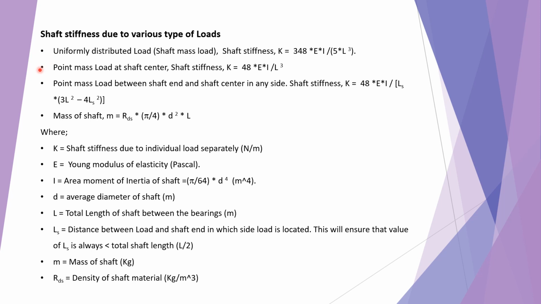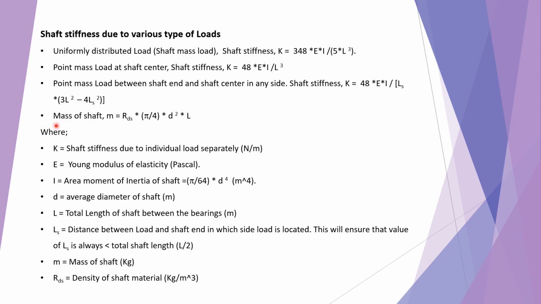Similarly, if the point load is at the shaft center, then shaft stiffness is 48 EI upon L cube. And if the point mass load is between the shaft end and shaft center on any side, then shaft stiffness K is equal to 48 EI upon bracket start LS into bracket start 3 times L square minus 4 times LS square bracket close.